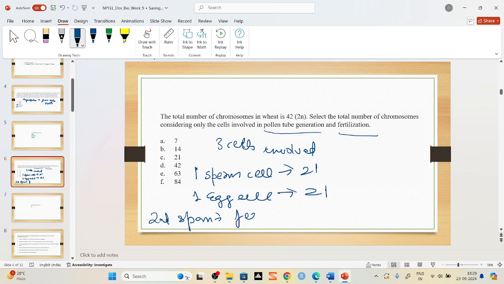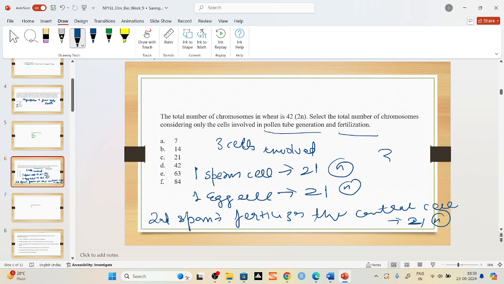It fertilizes the central cell. Fine. And from here also you get 21 chromosomes. So now it is N, N, N.